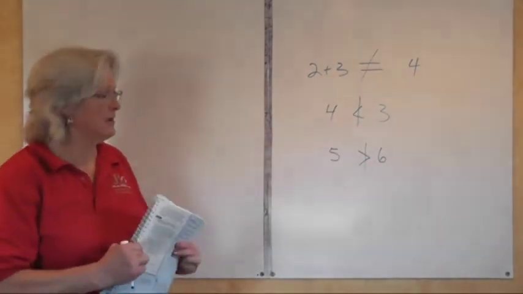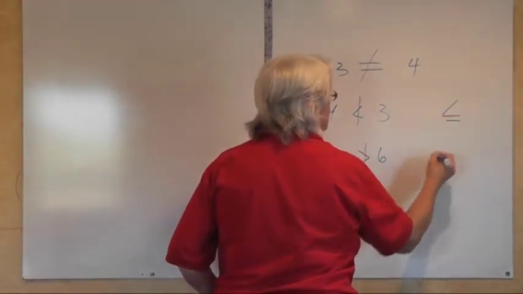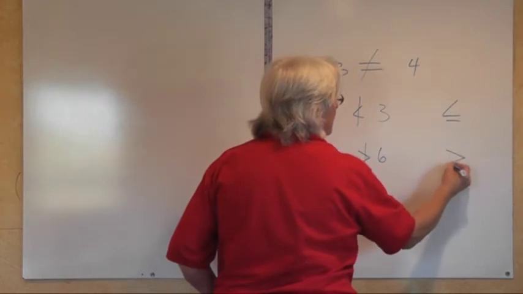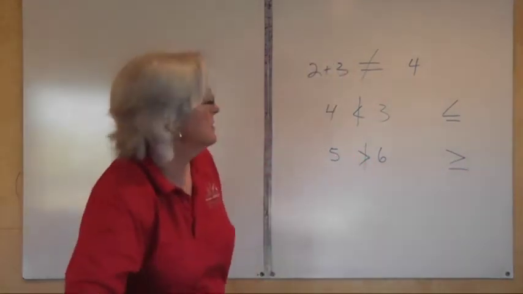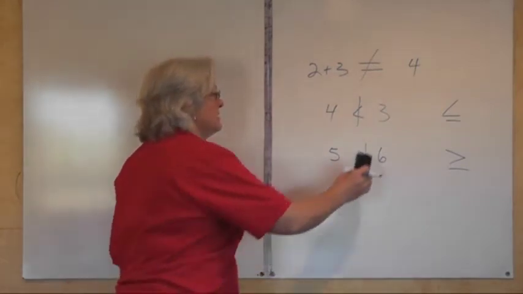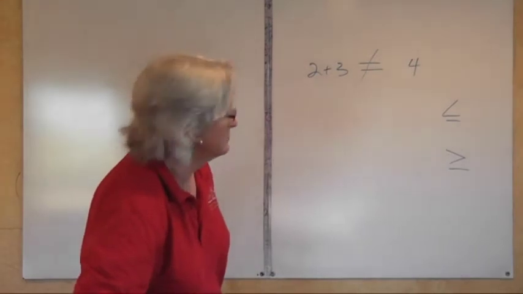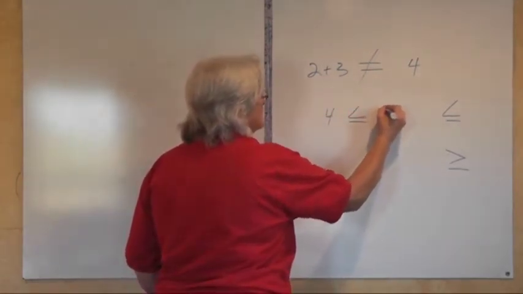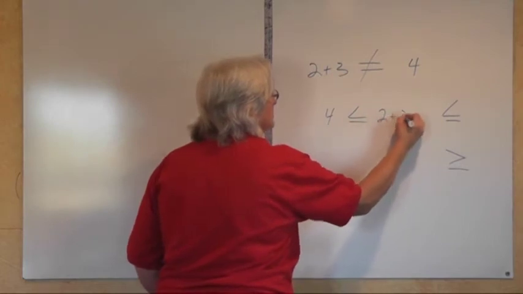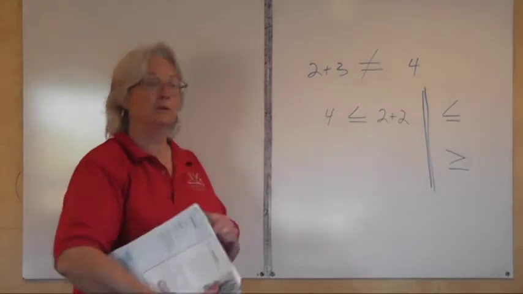We also have symbols that can be less than or equal to, greater than or equal to. So if I have less than or equal to, is it true that 4 is less than or equal to 2 plus 2?